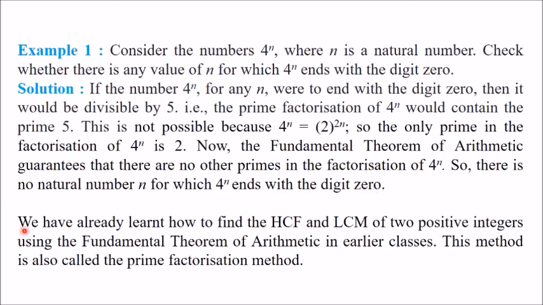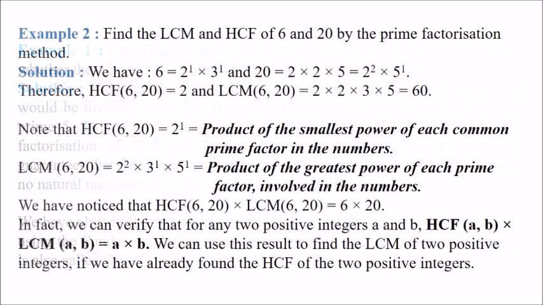We have learned how to find HCF and LCM of two positive integers using the fundamental theorem of arithmetic in earlier classes. This method is also called prime factorization. We have worked out some examples here.